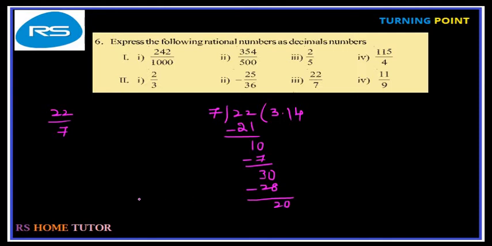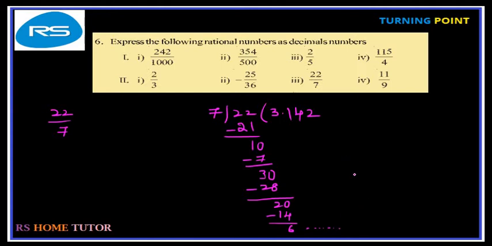And I can take the 0 by default. Again it will go in the 2 table. 7 2s are 14. The difference is how much? 6. And it will go like this.